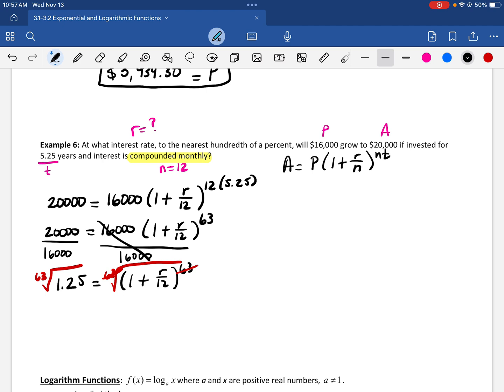I can't go to that screen, but I'll kind of tell you what you have to type in. You type in 63, the number, then you go to the math button, and you go to the one, I believe it's number 5. It has an X and then a little radical symbol. You'd select that one, and on your screen it would make that an index, and then you would type in 1.25 and hit enter.